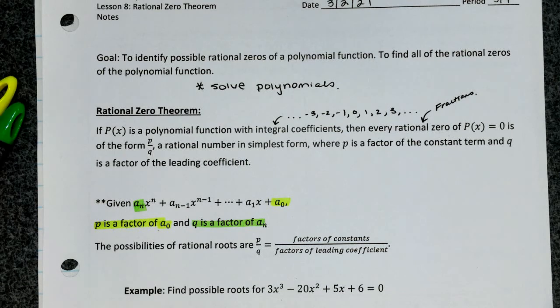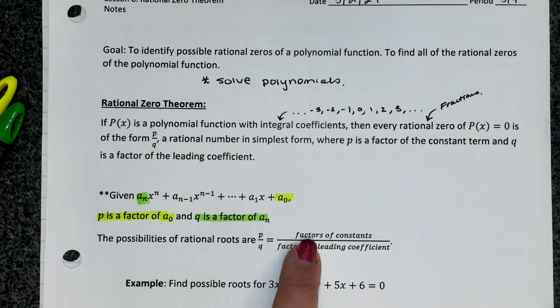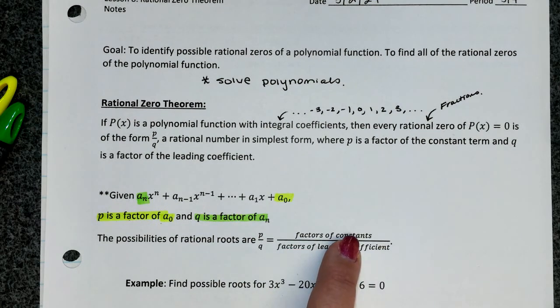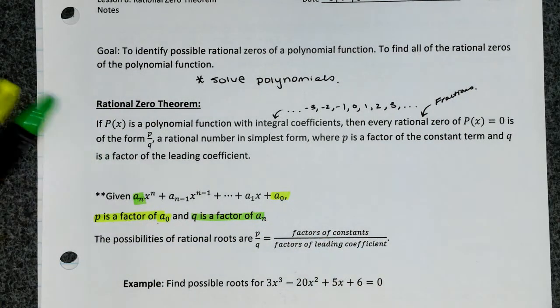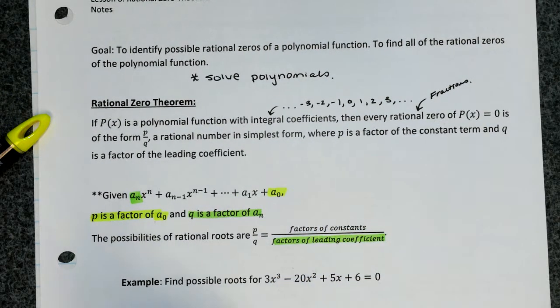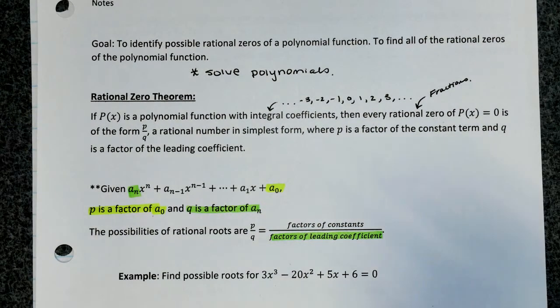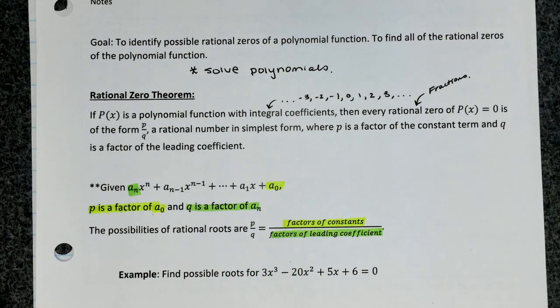Okay, so any possibility of the roots is going to come from this list, and it has to be written as p over q: p is a factor of the constant, over the factors of the leading coefficient. So let's actually make sense of what this is saying.